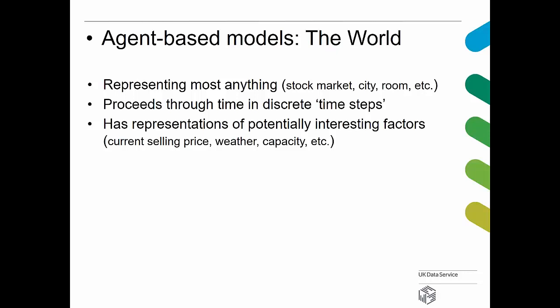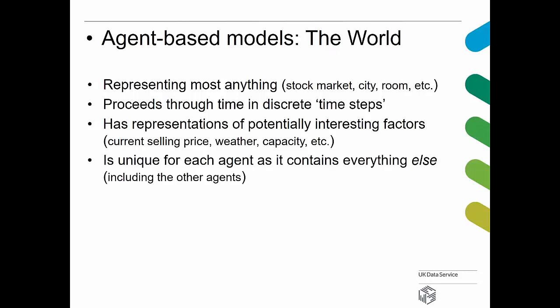The world is also unique for each agent in it, as that agent's world contains everything else, including the other agents. So although my world, if I were an agent, and the world of an agent who sat right next to me will be very close, they're not identical.